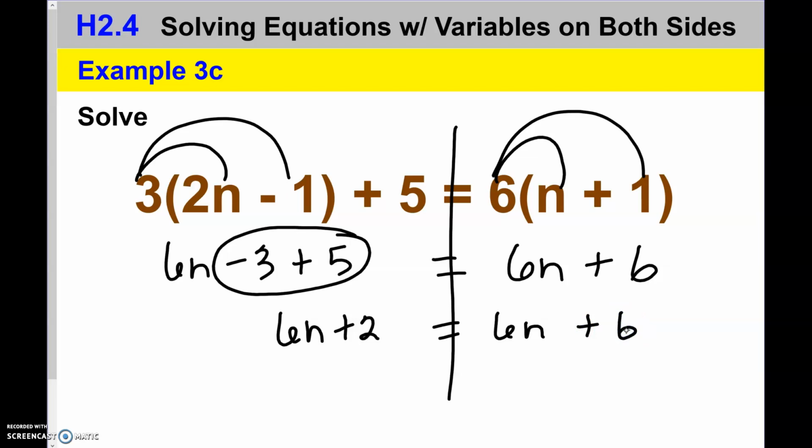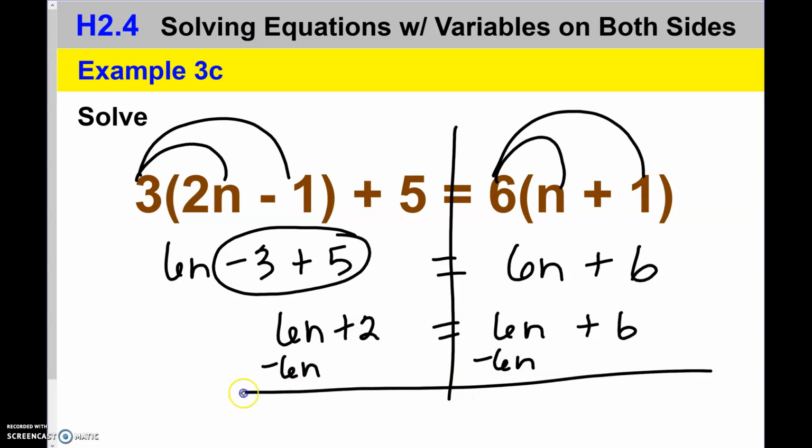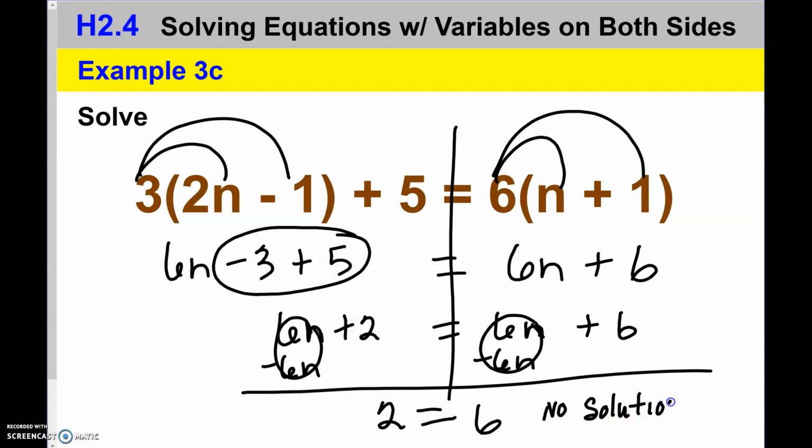Okay, let's get our letters together. So I'm going to subtract 6n, and some of you maybe already know the answer back from that step, but this is going to cancel. So we have 2 equals, and this is going to cancel, and we have 6. Does 2 equal 6? And the answer is no. So there are no solutions to this problem. There's no number that we can put in that will work.